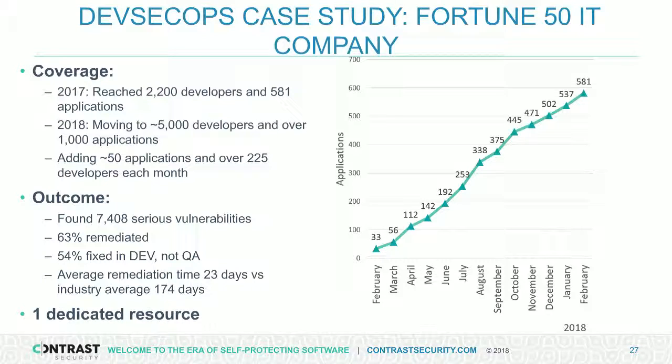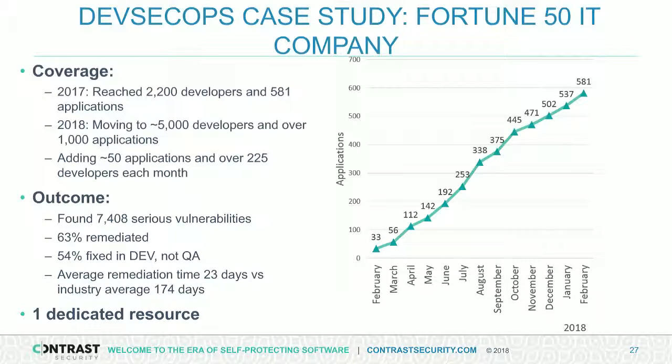Here's a real-world example of a Fortune 50 IT company. So the good news is the vision for DevSecOps is that it's achievable. And again, we're using this case study of a Fortune 50 IT company. We can see that, in 2017, they had 2,000 developers, more than that, and that there's a 2.5x factor in terms of them scaling up to this year to 5,000 plus developers.